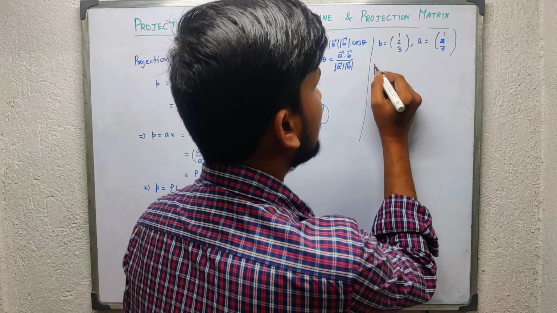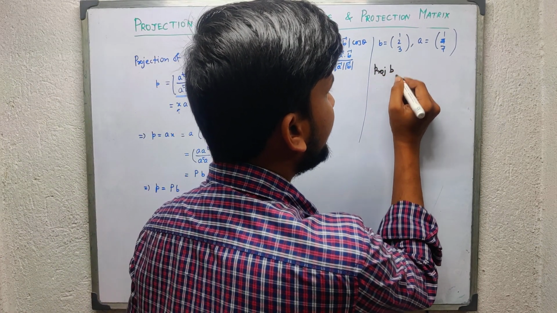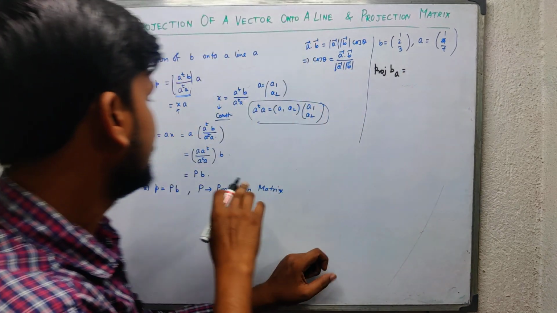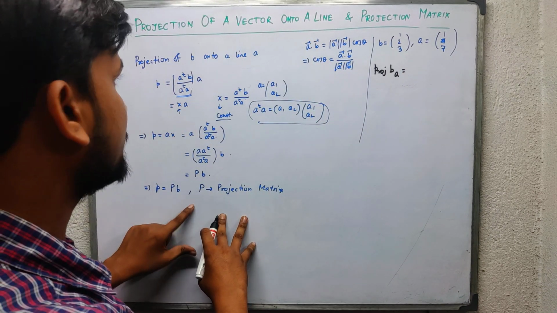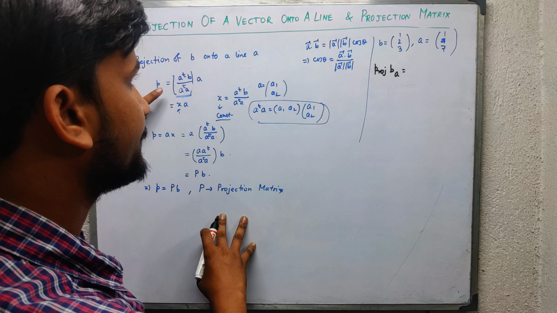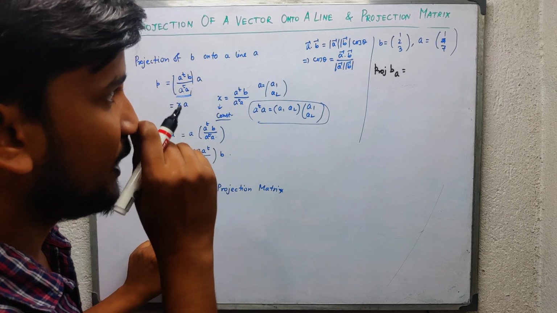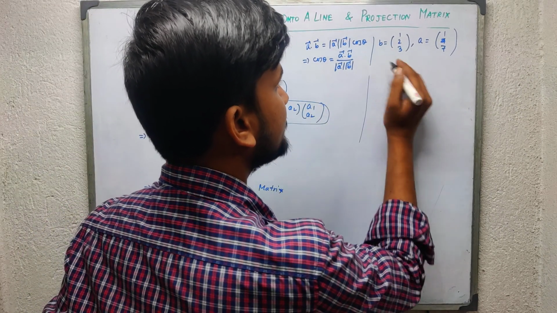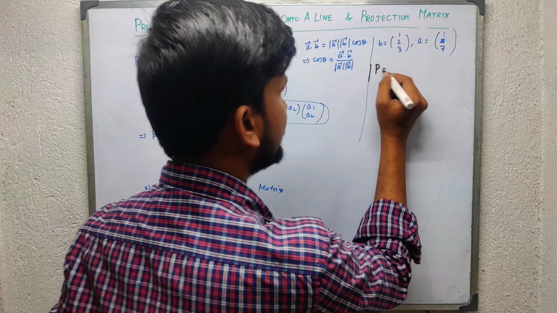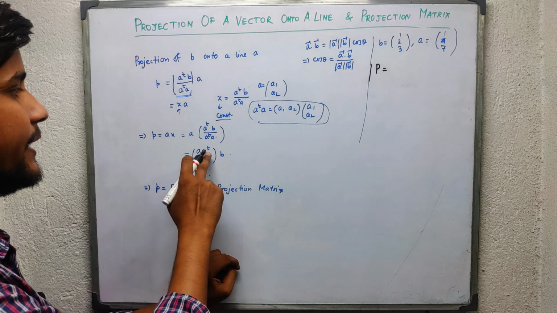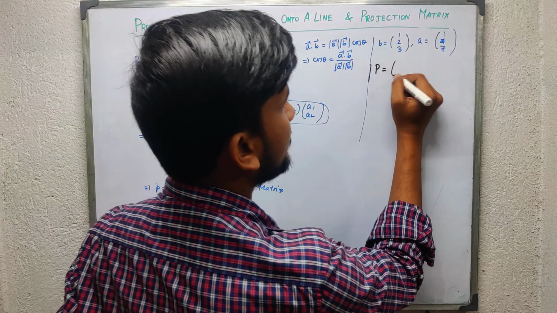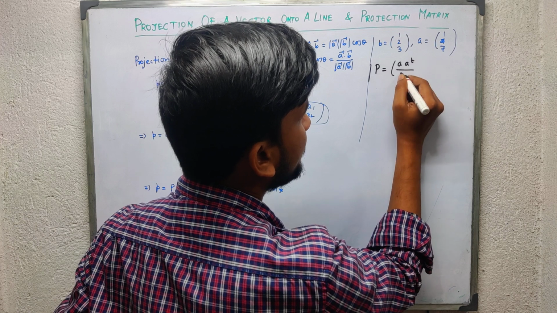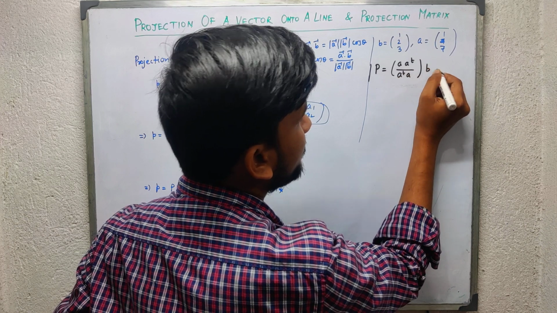What is the formula? First we find the projection matrix capital P, which is equal to A A transpose by A transpose A, into B vector.